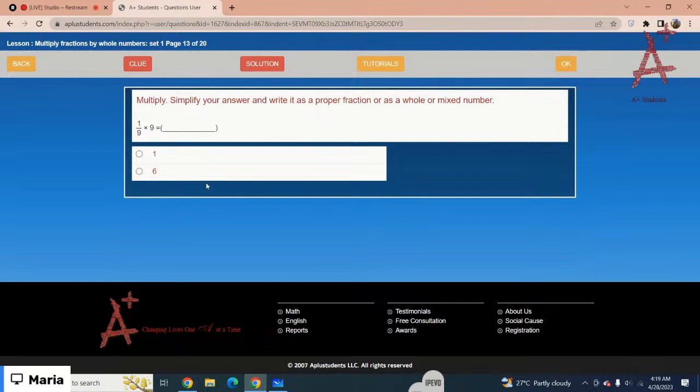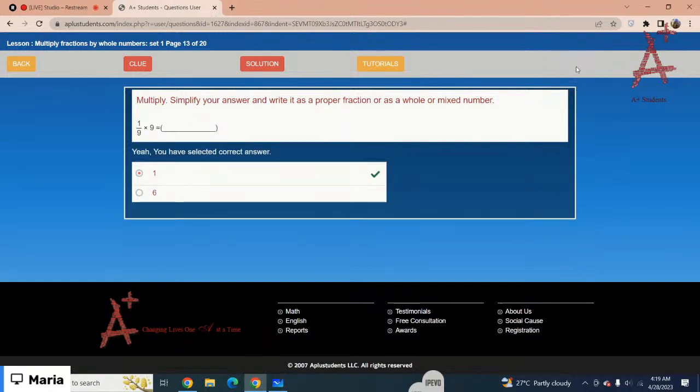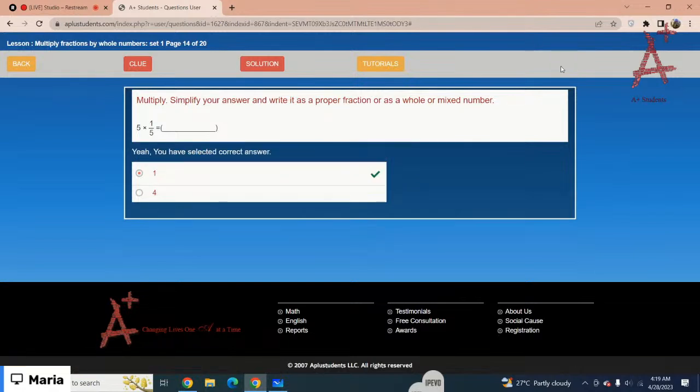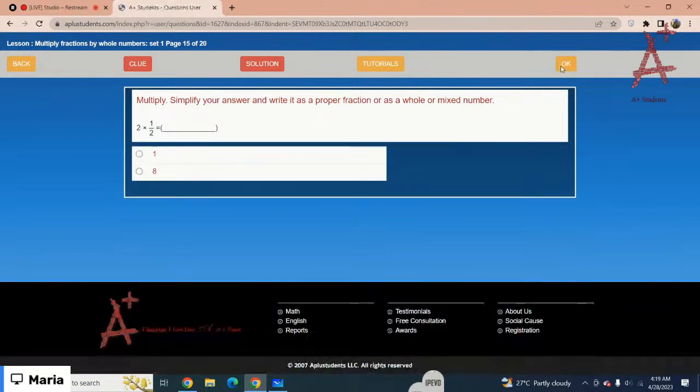You can just cancel out 9 and we are left with 1. Okay, 5 times 1 by 5. So which is the correct option? You can just cancel out the 5 and we are left with 1.